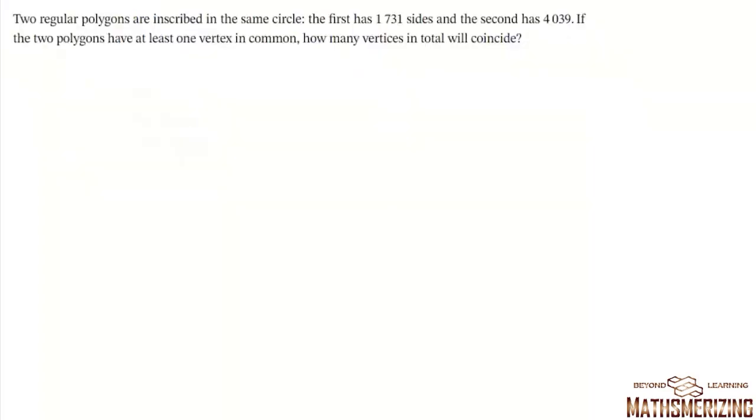Now here the question is, two regular polygons are inscribed in the same circle. The first has 1731 sides and the second has 4039 sides. If the two polygons have at least one vertex in common, then how many vertices in total will coincide? Now we know that any regular polygon can be inscribed in a circle.